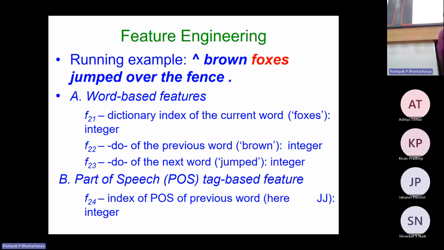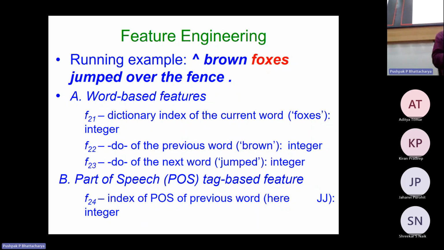F22 is the same feature of the previous word: at which position does brown appear? And take that integer as a feature. And F23, the same feature of the next word, the position of the next word in the dictionary. So I have got 3 integers, which are based on the property of foxes, which is the word-based feature.